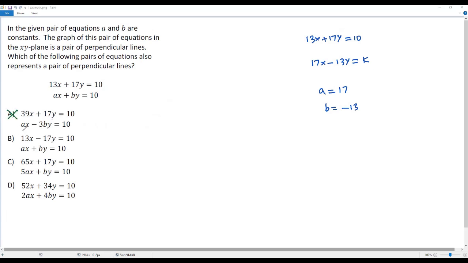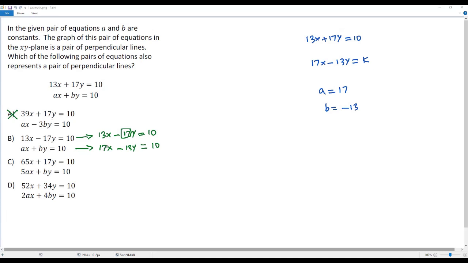Now let me consider the pair of equations in answer choice B. The same thing: we write the first one as it is, 13x - 17y = 10. And for a, we can plug in 17, so we get 17x. And for b, we can plug in -13, so we get -13y = 10. Now let's consider the number in front of y, 17.